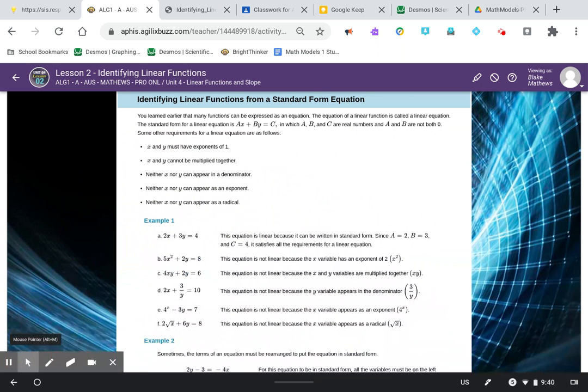Then they talk about one of the forms of linear functions, which is called the standard form equation. The standard form equation of linear functions is written right here. A, B, and C are going to be some numbers. For example, you might have 3x plus 8y equals 12.